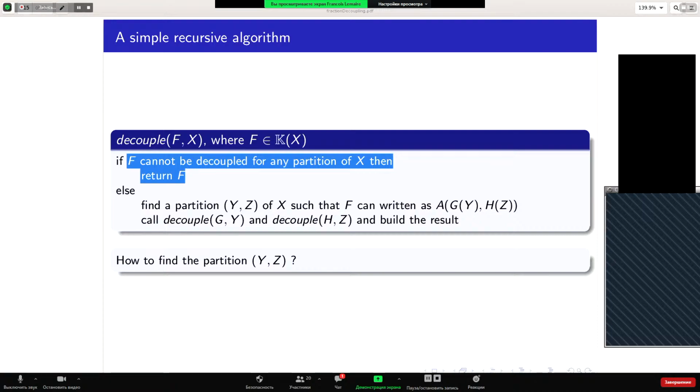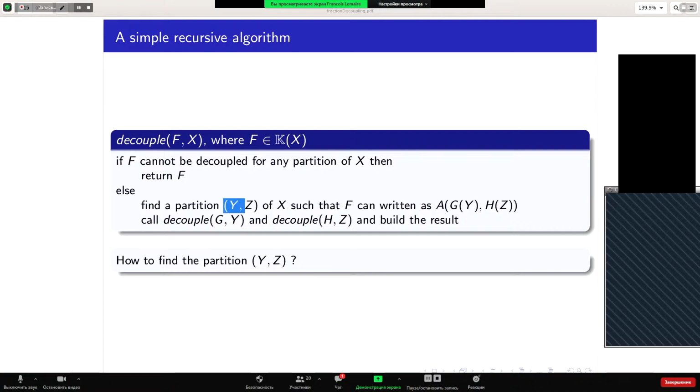Otherwise, you find a partition with two terms, a partition y, z of x, and write the fraction f using a fraction g depending on y only, a fraction h depending on z only, and build an expression from those two fractions g and h using a tree A. And then you call the decouple function recursively on g and h.